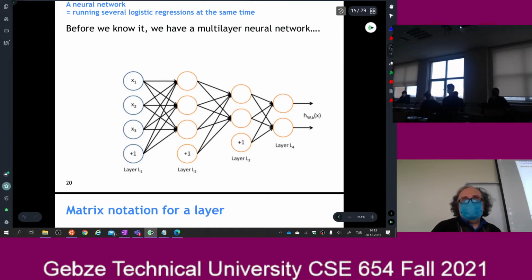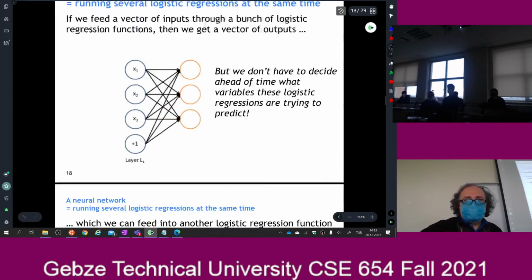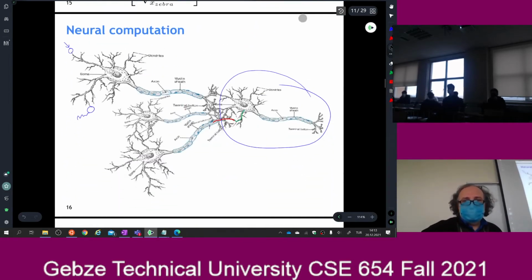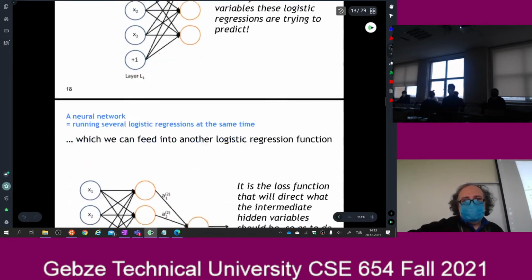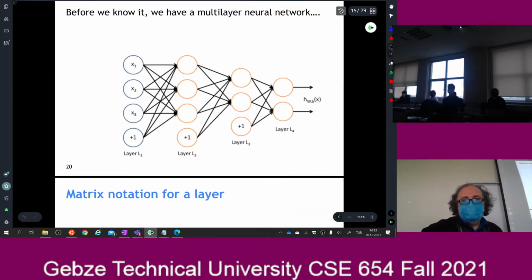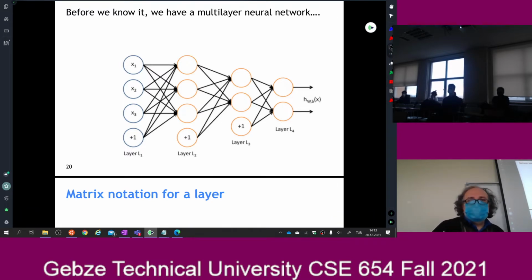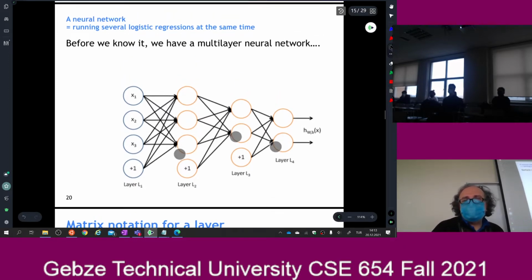I have many layers, and the human brain works this way. In this case, this is one layer, and this is the second layer. A 2-layer network here, and then a 3-layer network here. Deep learning means that you have many layers, more than 10 layers.